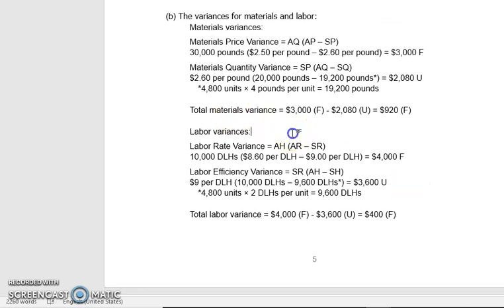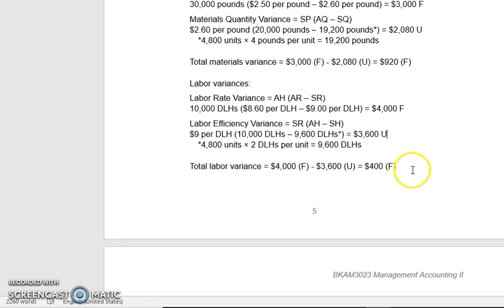Labor rate variance: actual hours times the actual rate minus standard rate, and you get 4,000 favorable. Labor efficiency variance: standard rate times the actual hours minus standard hours, and you get 3,600 unfavorable. So the total labor variance, you get 400 favorable.